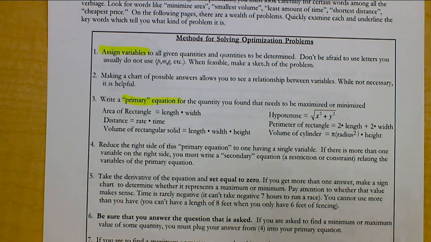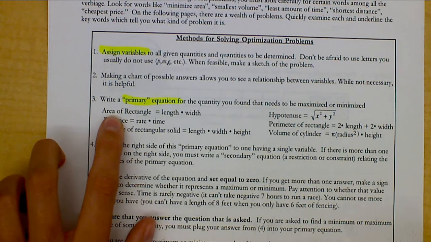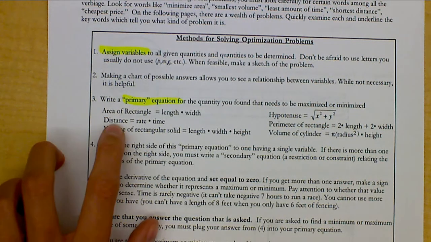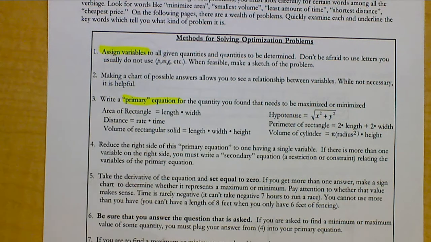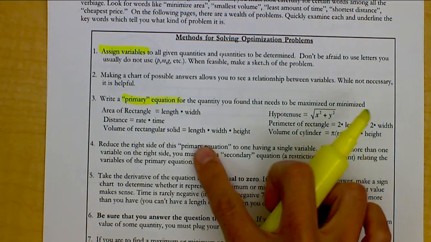So for this one, area of a rectangle, maybe you want to find the maximum area given certain dimensions. Or you want to, like we said before, minimize the distance so that it takes less time to get to school. Step 4, sometimes we have more than one variable.